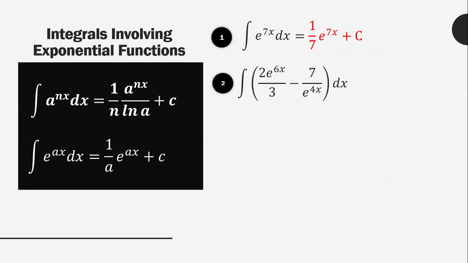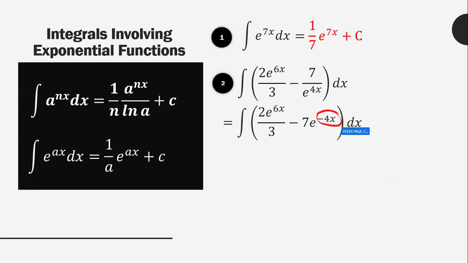Let's have the second example. The integral of 2 e raised to 6x over 3 minus 7 over e raised to 4x dx. First, we make e raised to 4x negative, so we put it in the numerator so that it becomes the integral of 2 e raised to 6x over 3 minus 7 e raised to negative 4x.